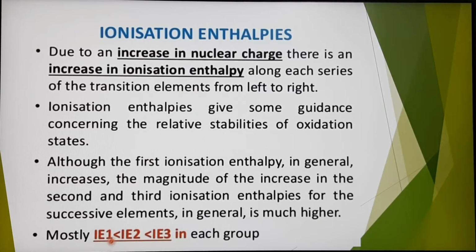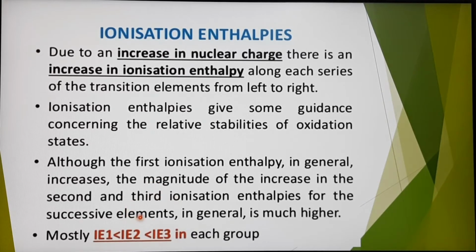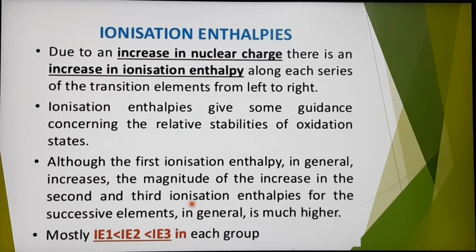If we compare successive ionization enthalpies, they are greater as compared to the previous one because after removing one electron, the per-electron effective nuclear charge increases. So this is the general trend in the transition series. These ionization enthalpies give some guidance concerning the relative stability of oxidation states.